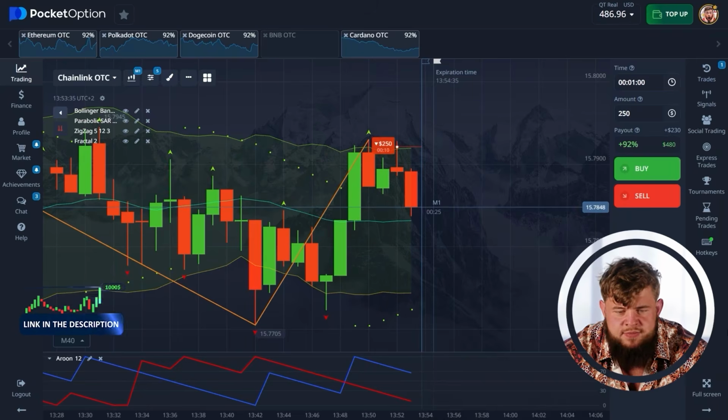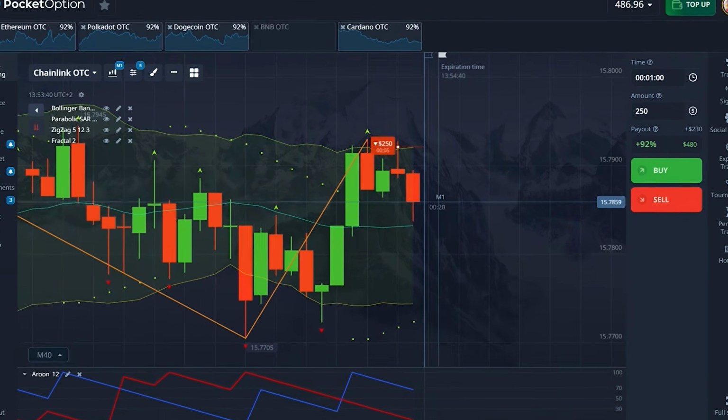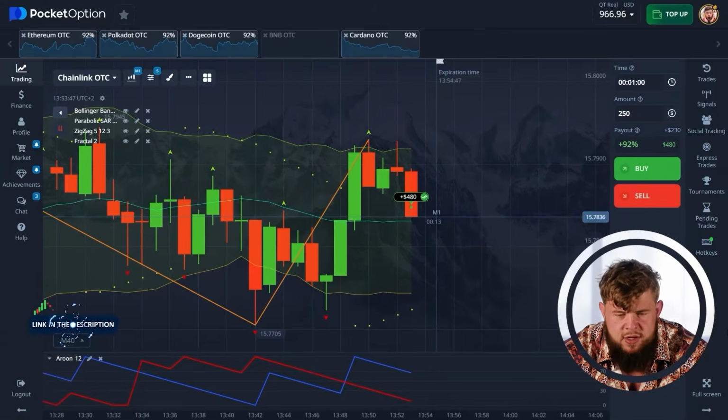So that's a very strict trade according to the technical analysis. So that's it, my friends. One more profitable trade, and we still have some time, I think, for the last trade for today's trading session.